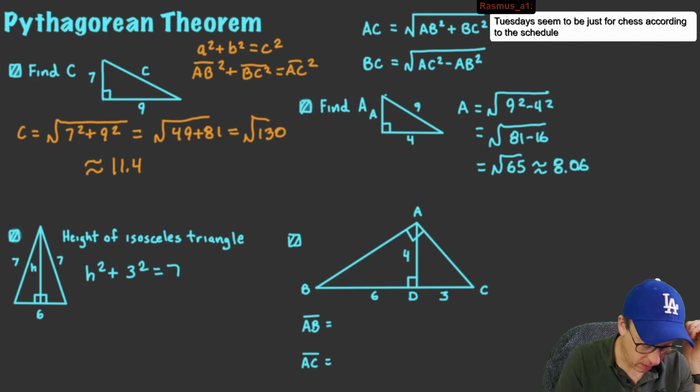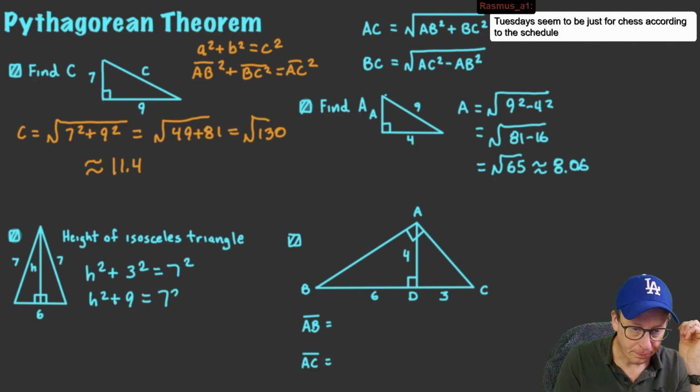And then we just figure out what it is. So h squared plus 9 is equal to 49. Let's just make this into 49 and delete that, just to conserve some space.